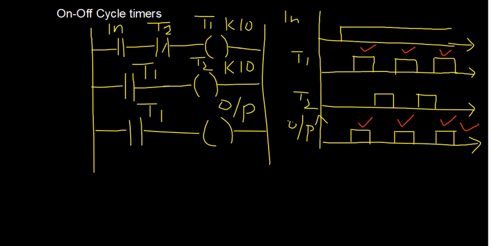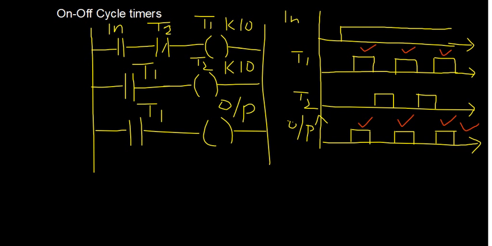Switching on the output is being taken care of by the timer T1, as you can see there, and switching off of the output, in this example for 10 seconds, is being taken care of by T2.